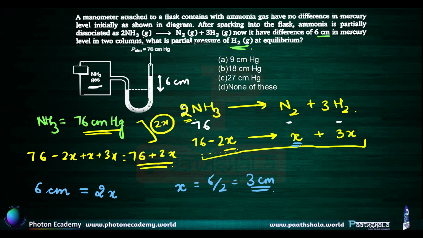Now we had to find the partial pressure of H2. What does the partial pressure mean? The partial pressure can be defined in many ways. The partial pressure is defined as the mole fraction of a given component times the total pressure.